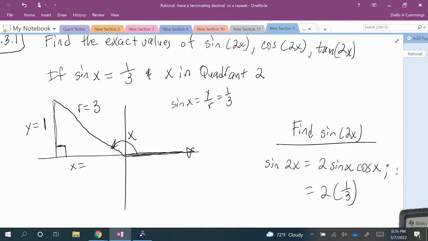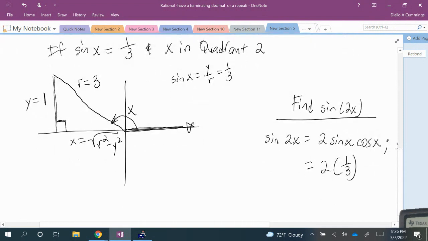And we have to find out x. Remember, we did have a formula: x is equal to the square root of r squared minus y squared. So r is 3, so we square 3, minus y, which is 1, and we square that. 3 squared is 9, 1 squared is 1, so we have the square root of 8.